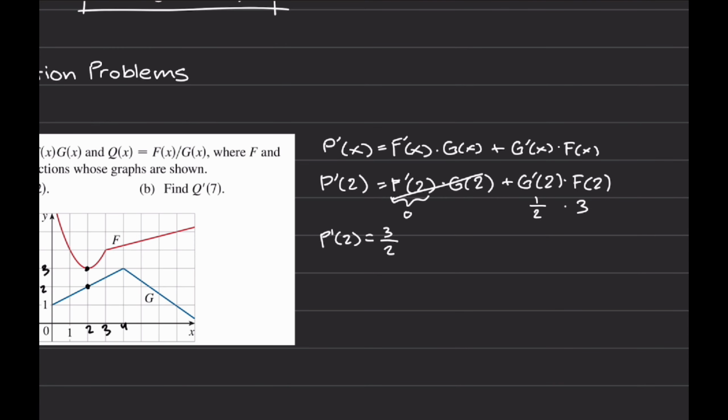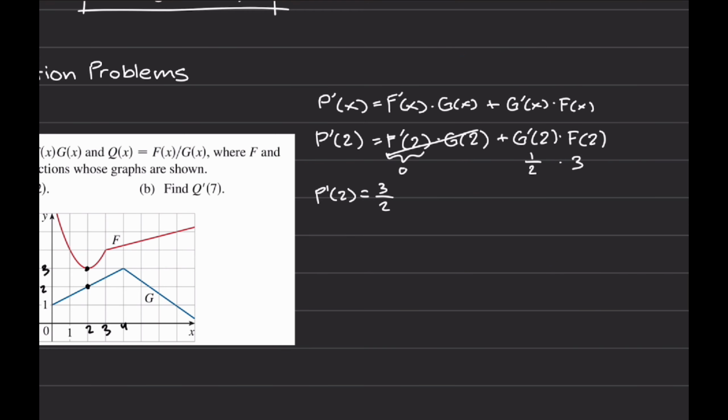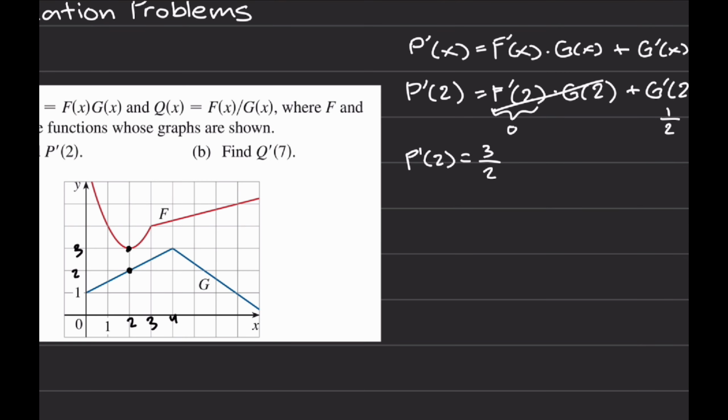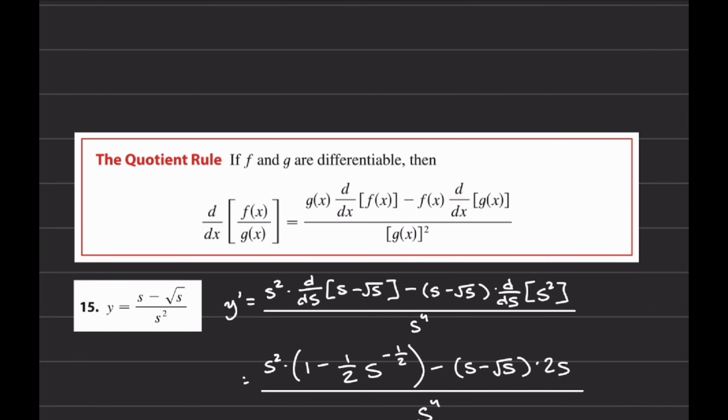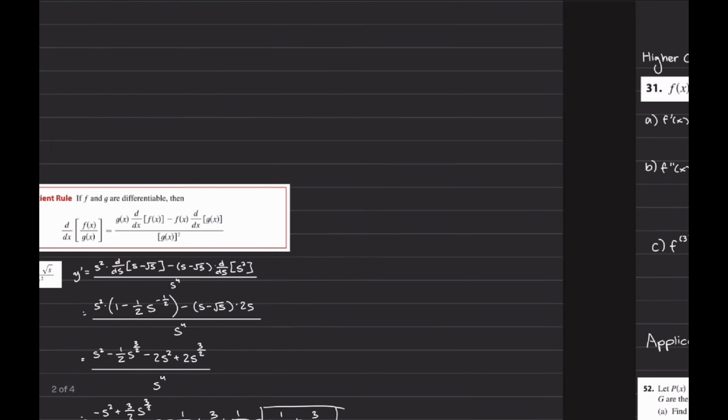Now, the other one, it's more of the same, right? We're going to go through that pretty quickly. Q prime of x from the quotient rule is going to be, all right, we could refer to our formula over there. It's going to be the derivative of the first one times g of x, minus f of x times the derivative of the second one.